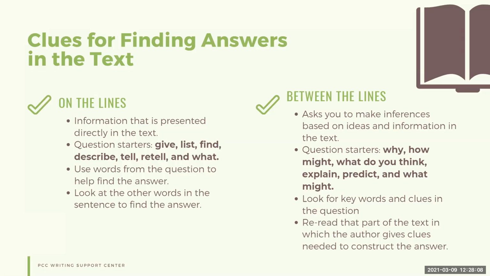And the first is on the lines. This is information that is presented directly in the text, meaning that the author said it's there in front of you. You don't really have to read between the lines or go through or make your own educated guess. It is what the author is saying.